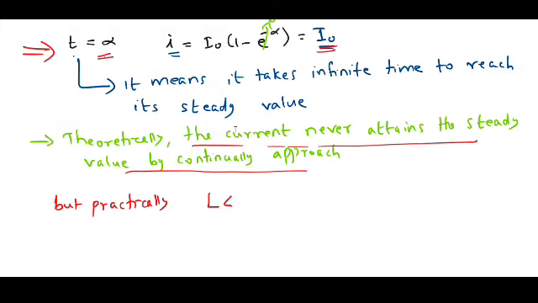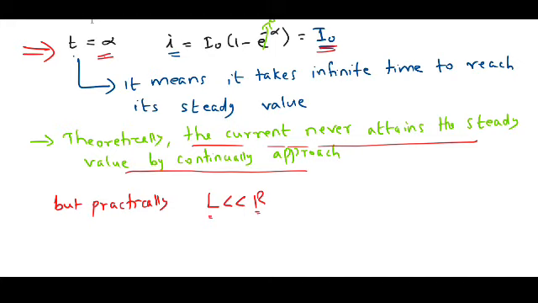the L is very much less than R. That is, the value of the inductance used will be very small compared to the magnitude of the resistance value. Usually we use an inductance value like a millihenry, and the resistance we use is like a kilo ohm or at least 2 ohms.